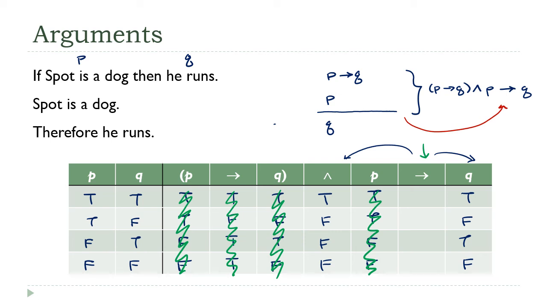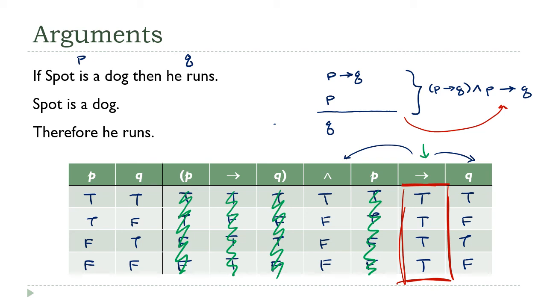And I don't have a T and an F, so everything is going to get a true. And that's what I'm looking for. Remember, this is our final result. You notice that I've gotten all trues. This is a tautology. That's what we're looking for in a valid argument.